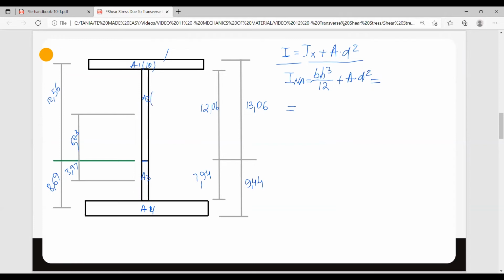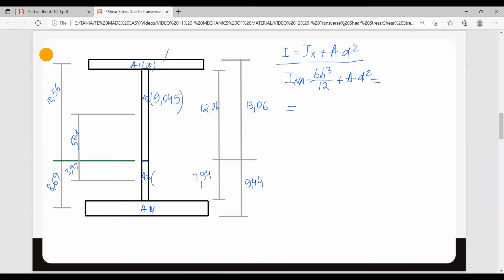From the previous calculations, area number 1 is 10. Area number 2 is 12.06 times 0.75, which is 9.045.